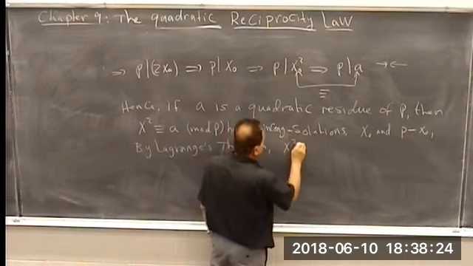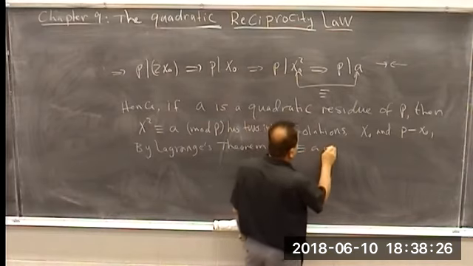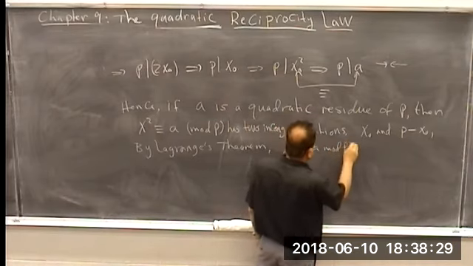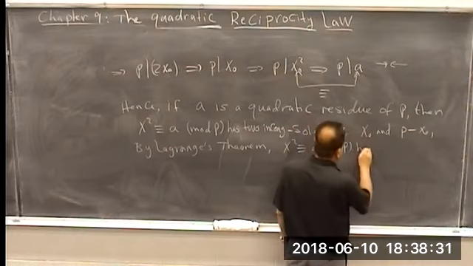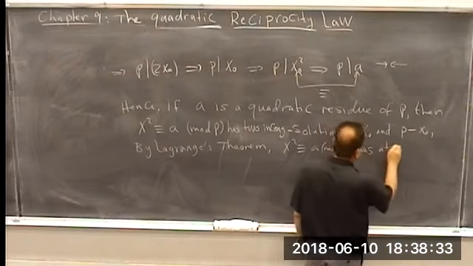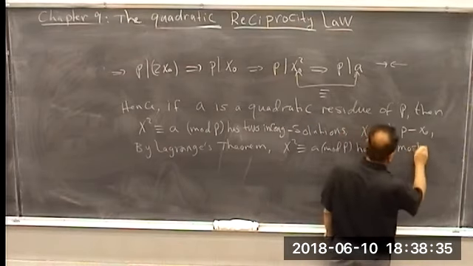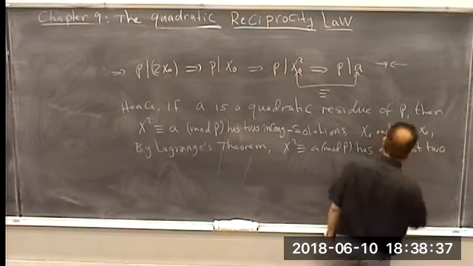x squared congruent to a mod p has at most two solutions.